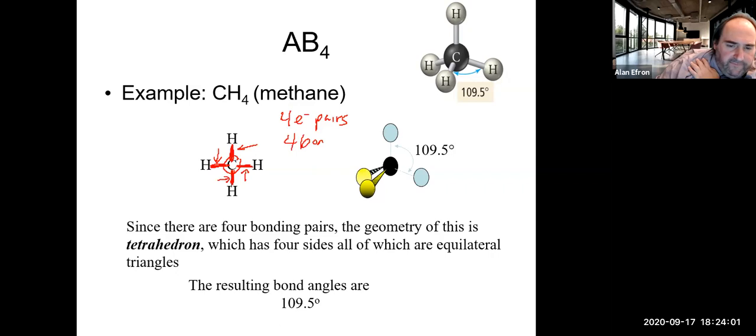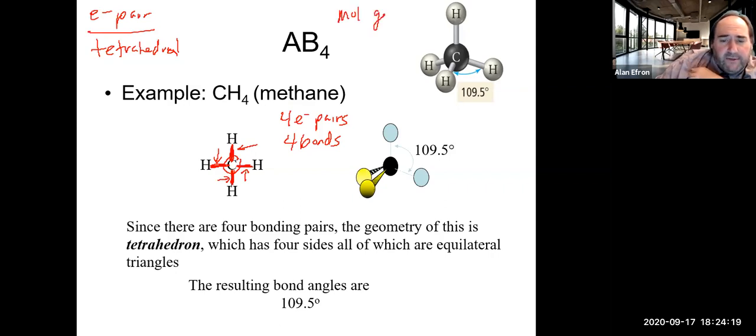And something with 4 electron pairs, the electron pair geometry name is going to be tetrahedral. Tetrahedron, if you like the older way of naming it. Most people go tetrahedral these days. And the molecular geometry name is also going to be tetrahedral. Again, no non-bonding electrons on the central atom.